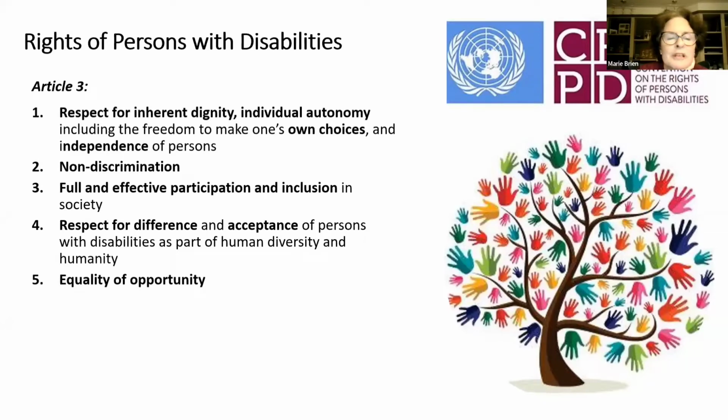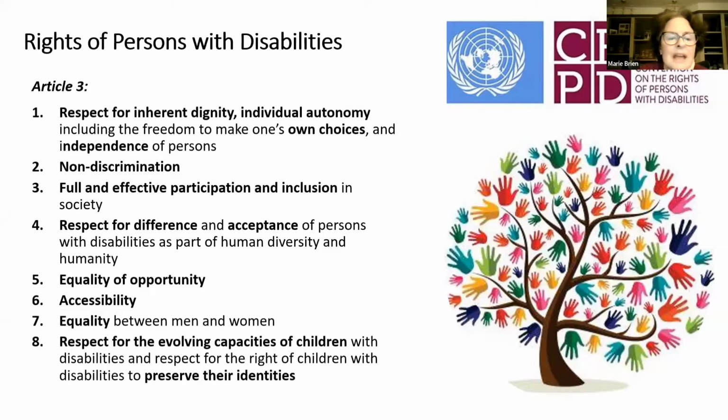Equality of opportunity, accessibility, and equality between men and women or boys and girls, and respect for the evolving capacities of children with disabilities and respect for their right to preserve their identities. So whether it's a child or an adult, a boy or a girl, they have the equal rights of persons with disabilities.